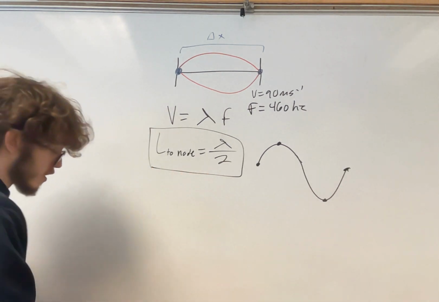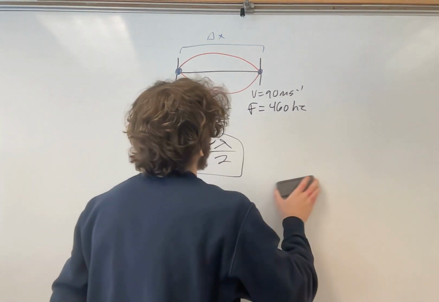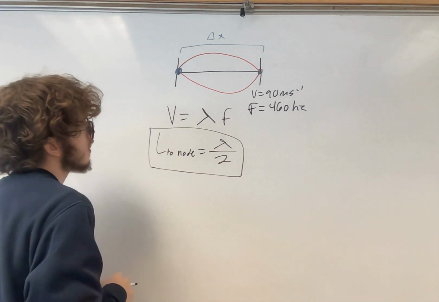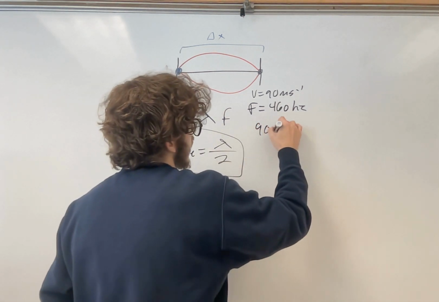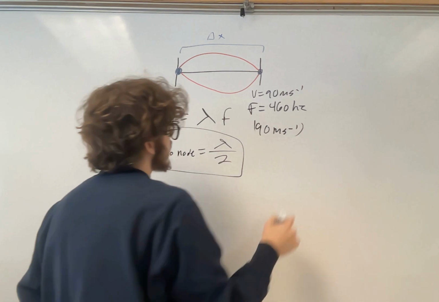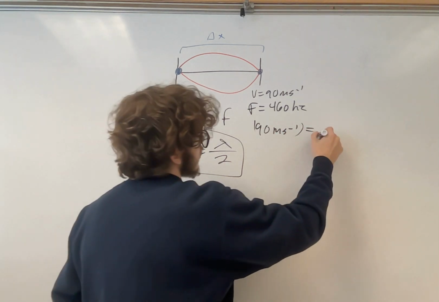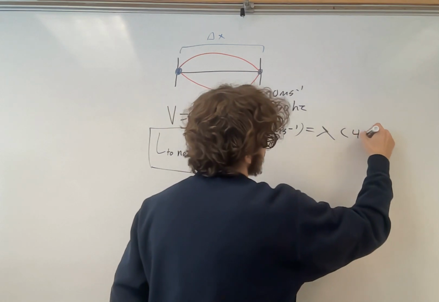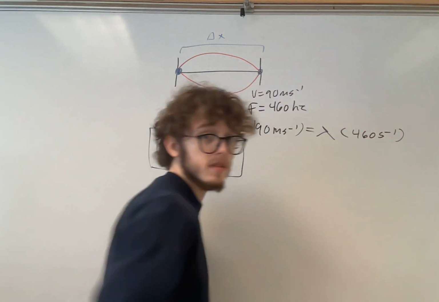So using the first node here, we can find lambda using our speed of a wave formula. Let's plug this in. 90 meters a second, that's what v is, the velocity of the wave. Lambda is what we're solving for, and then our frequency is 460 reciprocal seconds.